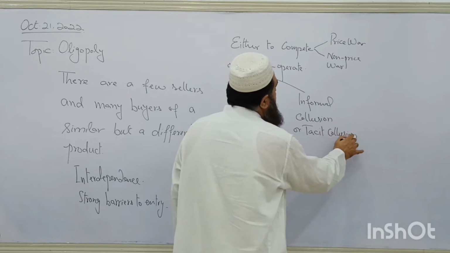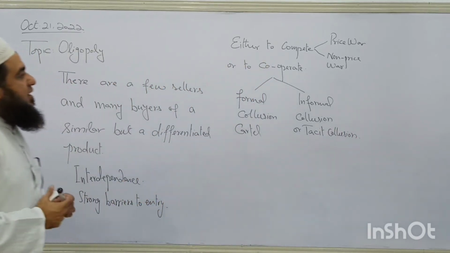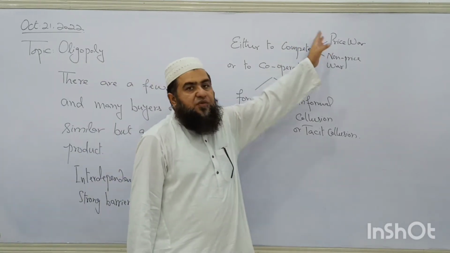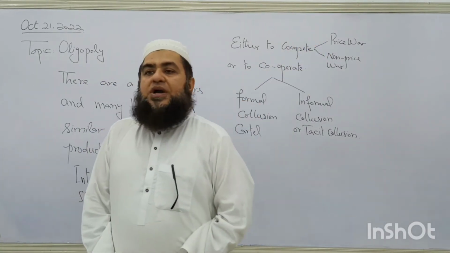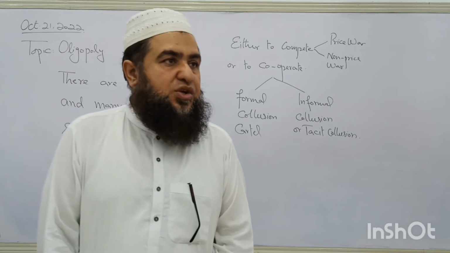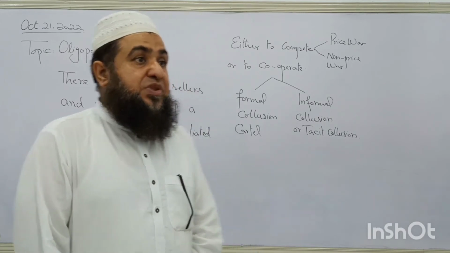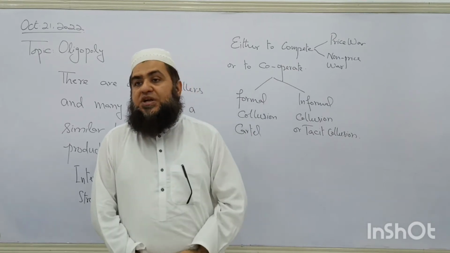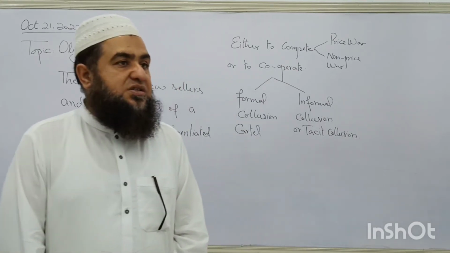The point I want to make clear is that if firms avoid a price war, what could be the barriers for new firms to enter? They will compete on non-price factors. What are the non-price competition factors?